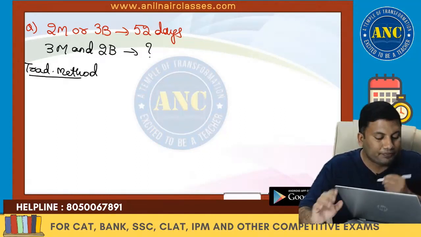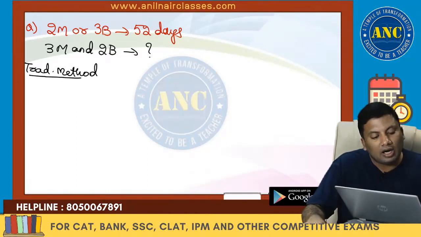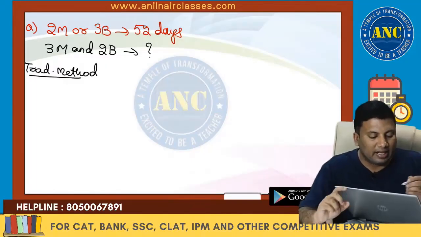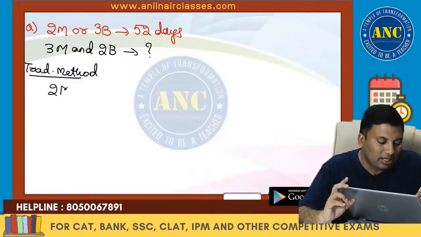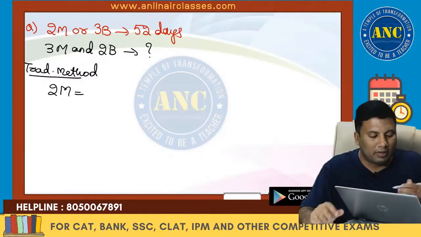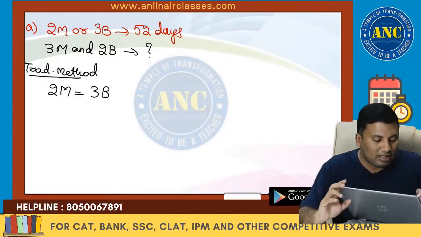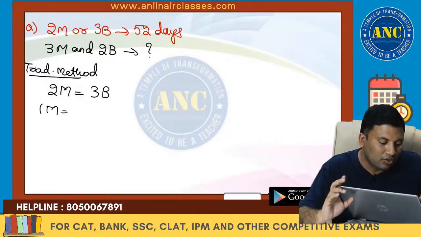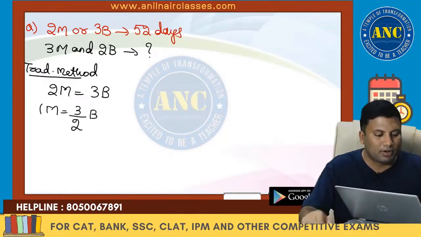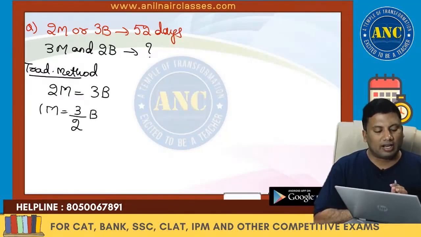Traditional method. 2 men or 3 boys can complete a work in 52 days. Whatever the work that is done by 2 men, the same work is done by 3 boys. So whatever the work that 1 man is doing, it is equivalent to 3/2 of the work done by a boy.